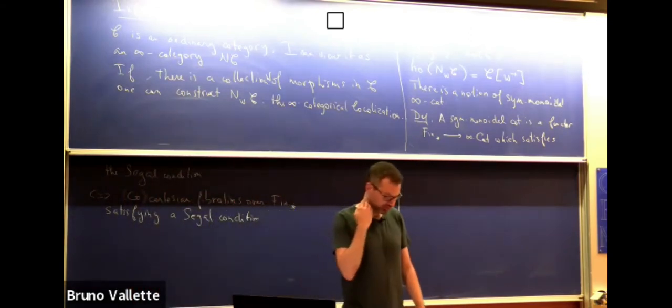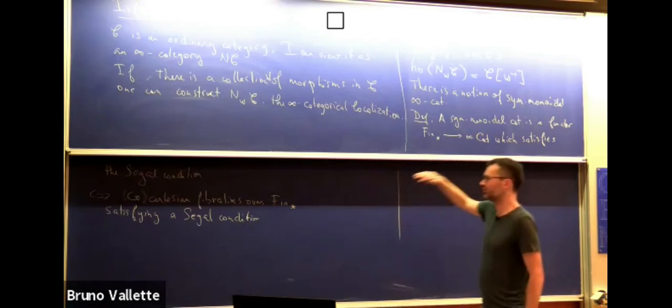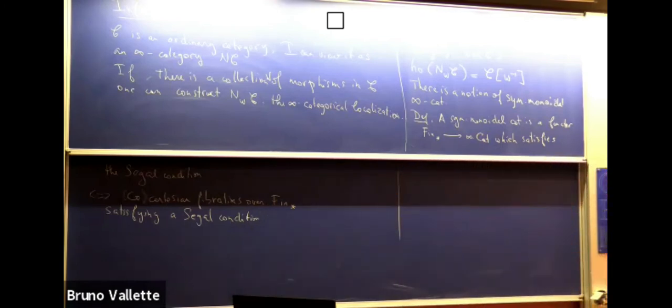So yeah, it's not that bad actually. A symmetric monoidal infinity category is just some diagram in infinity categories.